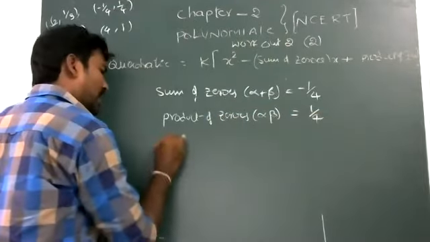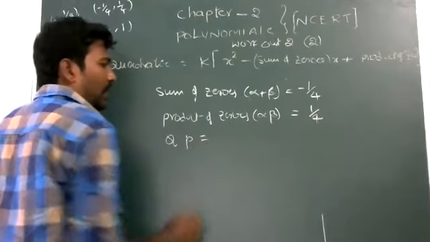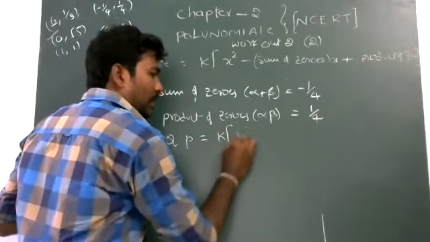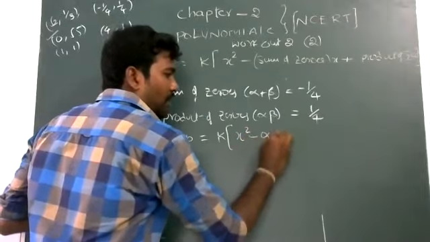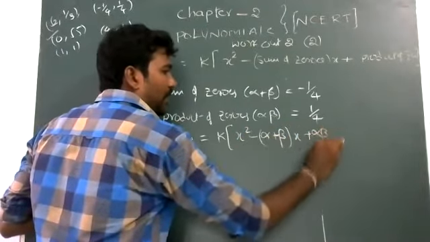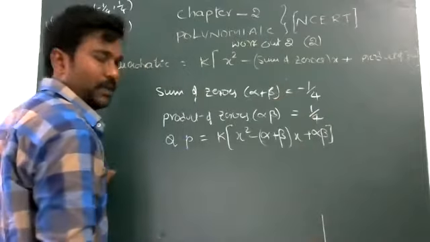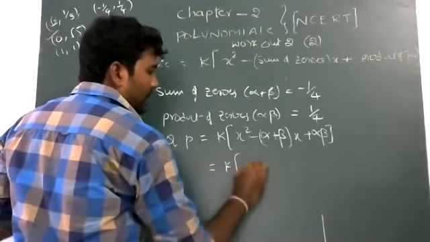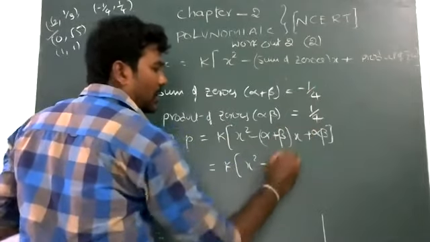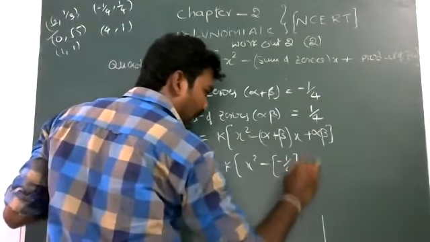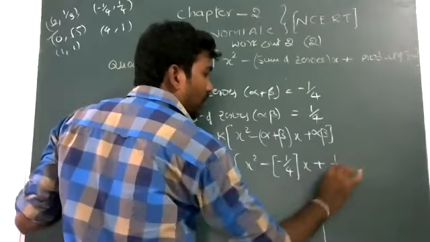Same process, same thing you can write. The quadratic polynomial equals k into (x square minus (alpha plus beta) into x plus alpha beta). So that implies k into (x square minus (minus 1 by 4) into x plus 1 by 4).